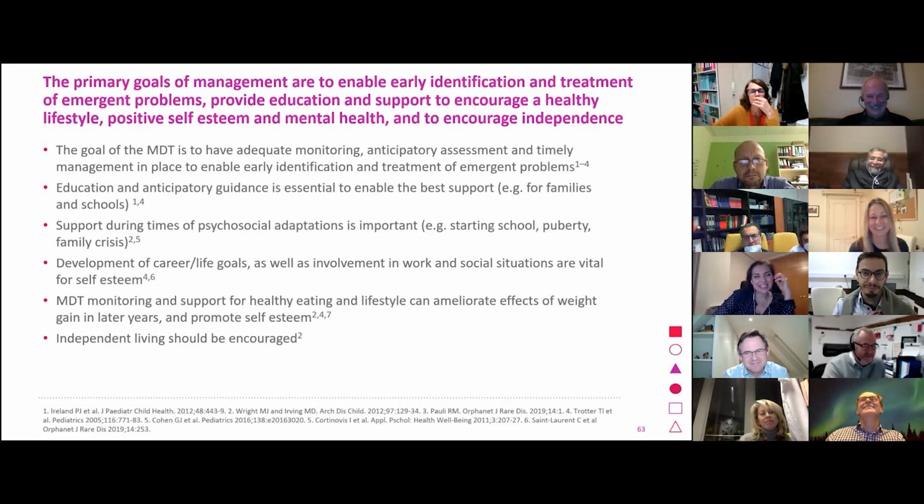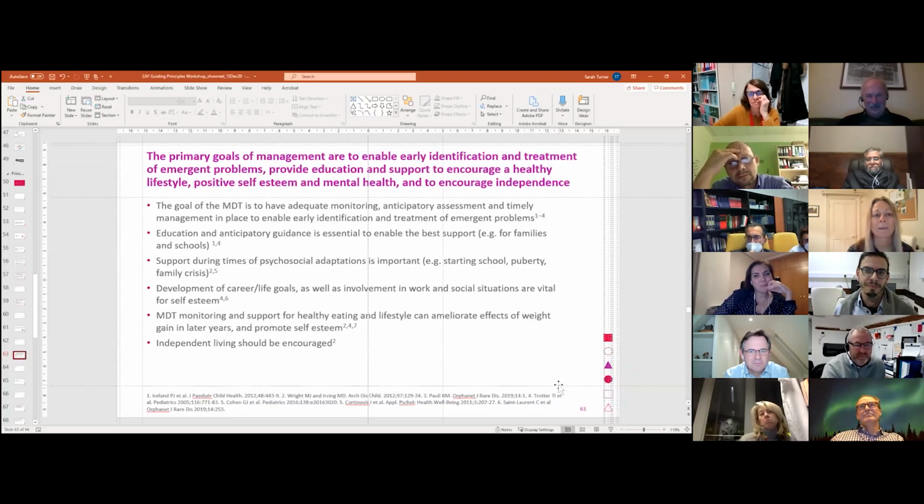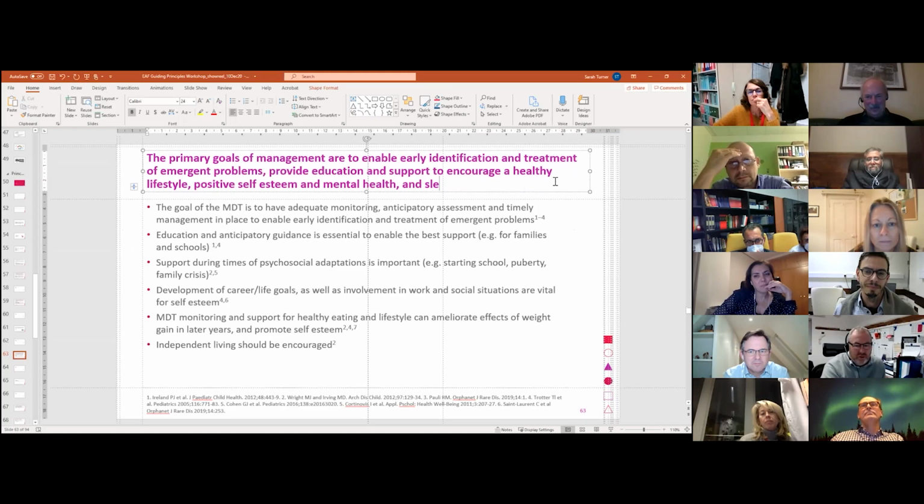Encourage is repeated twice. I wonder whether we can, and self-autonomy. Sorry, Mohammed, say that again. I mean, self-esteem and mental health and self-autonomy, because encourage is repeated twice in the three lines. Yeah. Okay. And self-autonomy could be, so to finish with and. Yes. Self-esteem, mental health, and autonomy, not self-autonomy. Yes, right.